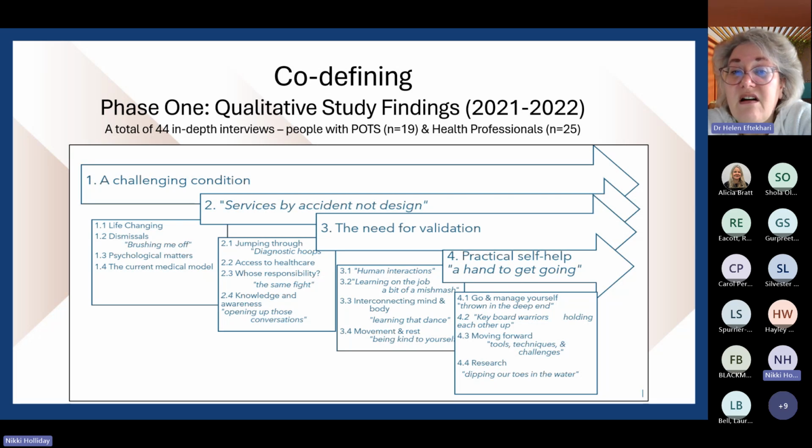The second was that POTS services are by accident and not design, and that posed a number of issues for people with POTS accessing healthcare and also for health professionals in terms of delivery of care. The third was the need for validation, and that was for both sets of interviewees, and the need for validation is quite important in terms of the follow-through of what I did in the supportive self-management intervention development. And then the 4th theme was practical self-help, that everybody really needs a hand to get going in supportive self-management, whether it's a lot or a little, but some pointers to get you in the right direction.